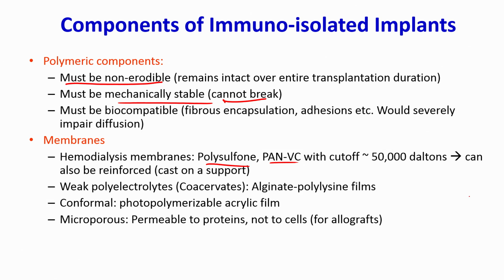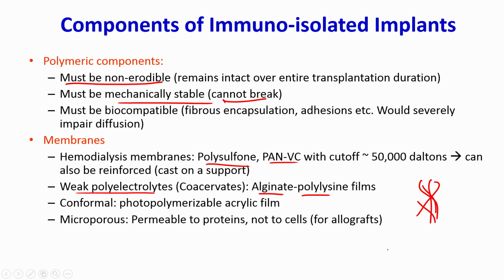These membranes could also be made out of weak polyelectrolytes. So, this could be some charge interactions, so alginate with polylysine films can be formed, but needs to be careful with that, because these charge interactions are fairly weak, and they may come off in certain conditions. Maybe the salt concentration increases and the dielectric changes, and then these interactions may become weaker and may fall apart.